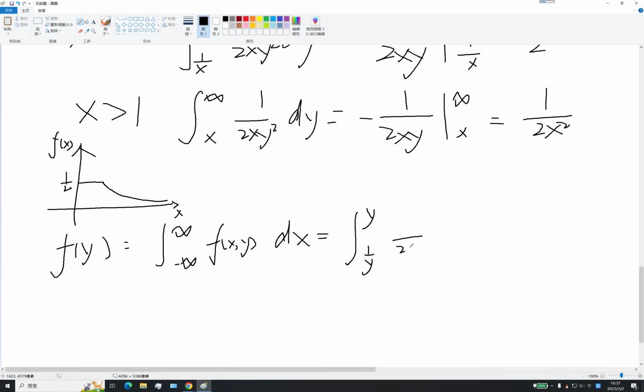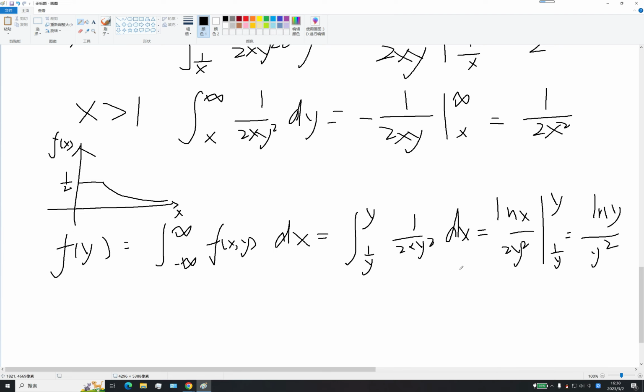So the answer is easier than f_X. So this is 2y squared ln x, from 1 over y to y. The answer is ln y over y squared. So this is the answer of f_Y.